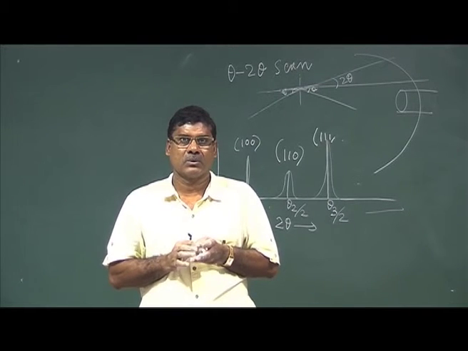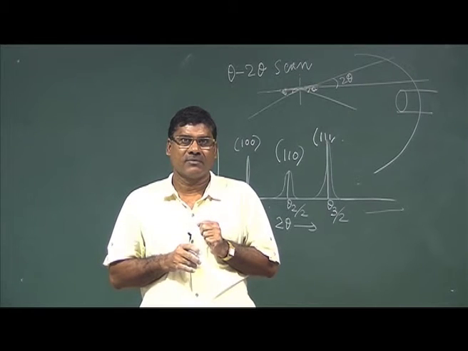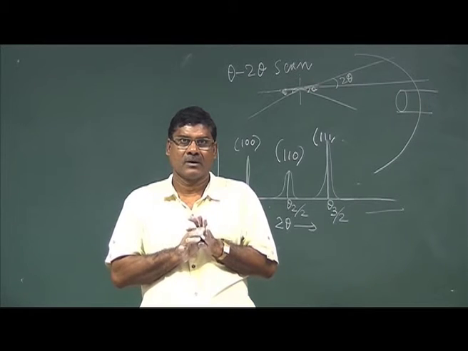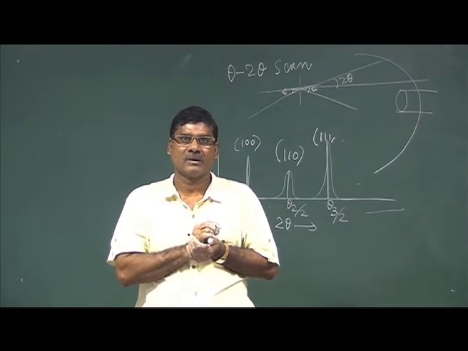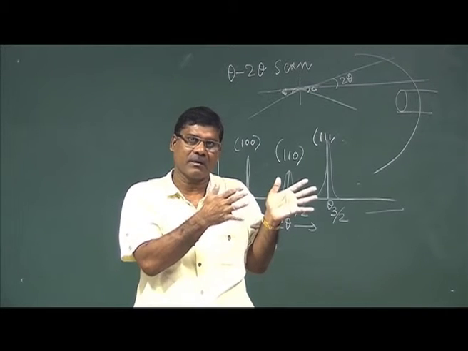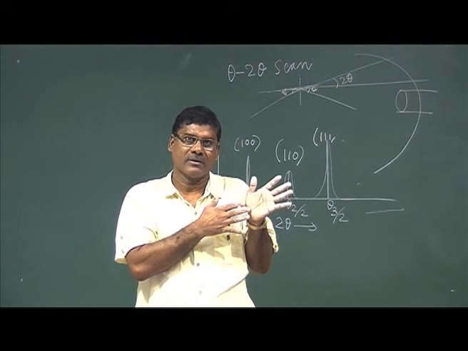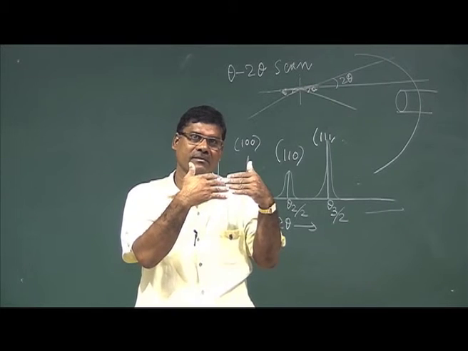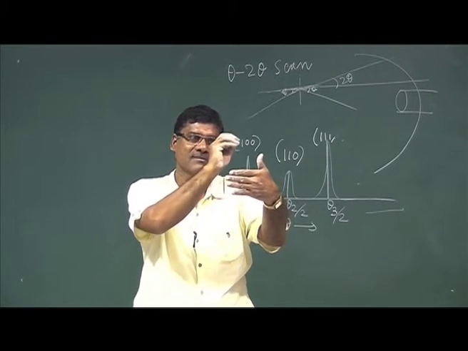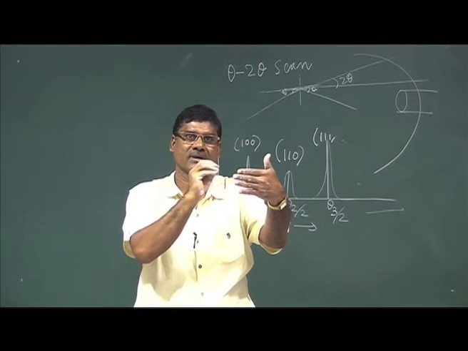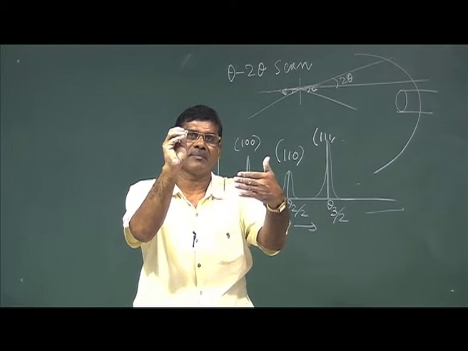One thing you notice is that each Laue spot represents a plane in the crystal. After diffraction, what are we getting? We are getting some spots, and each spot is a plane.